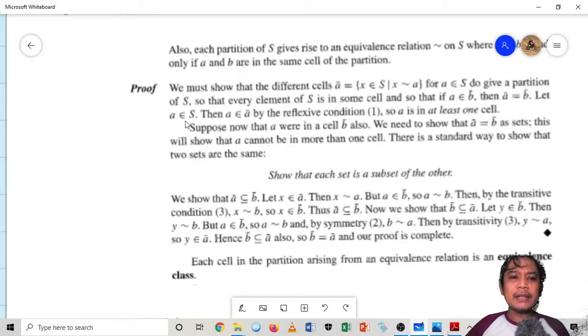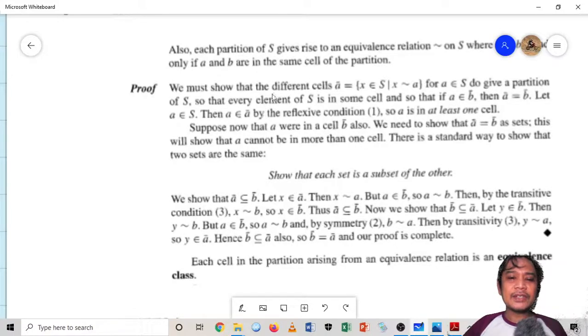Let A be an element of S. Then, A would be found in the cell containing A. Okay? Why? Because the relation is reflexive.